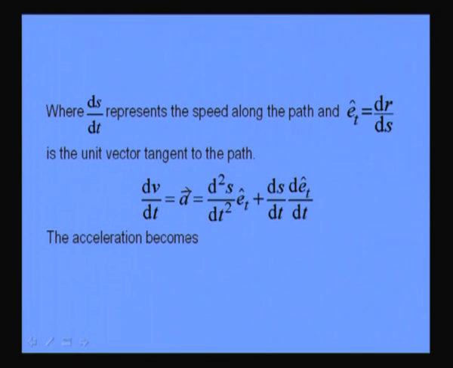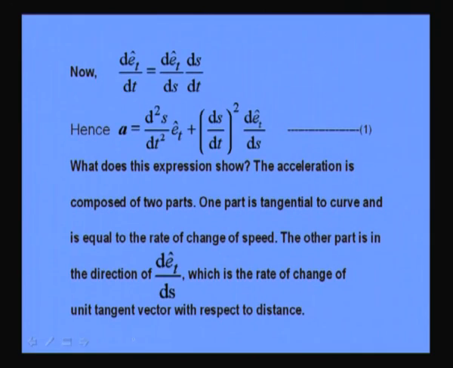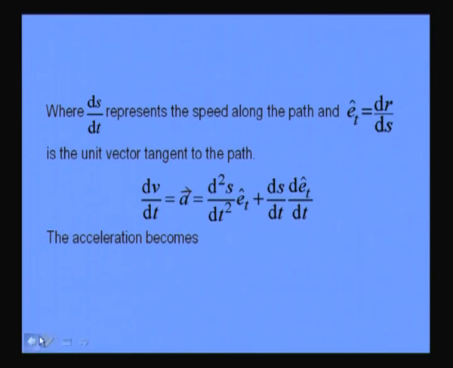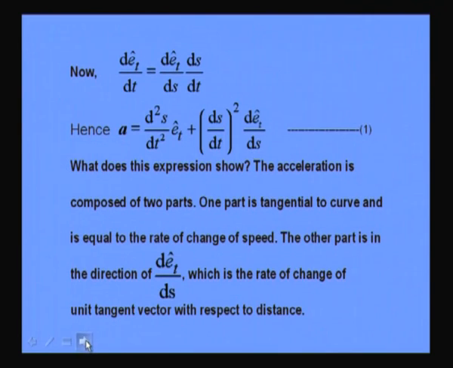This is the expression for acceleration, and the acceleration has two components. One is tangential, that is d square s by dt square, which is nothing but the derivative of the speed. But the second component is very important, this is ds by dt det by dt. So let us see how we can simplify.